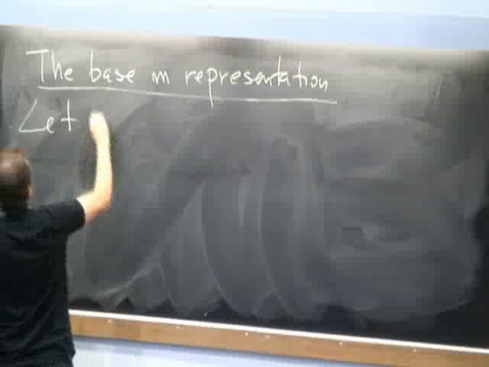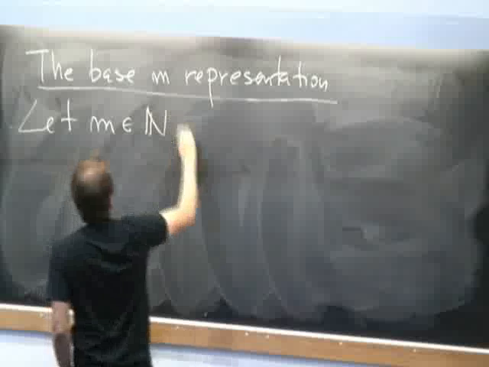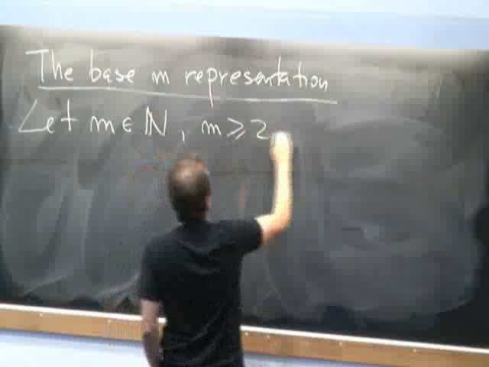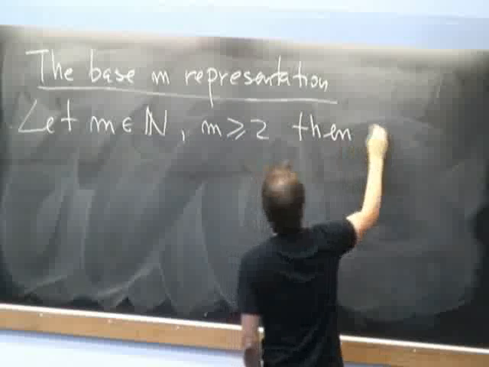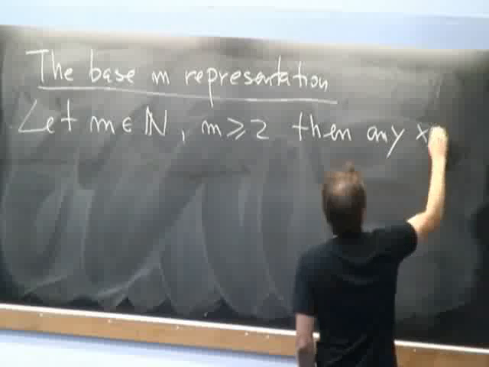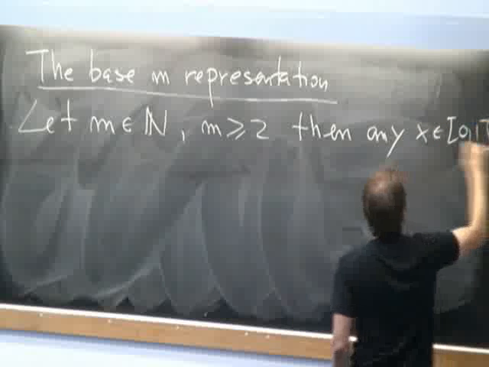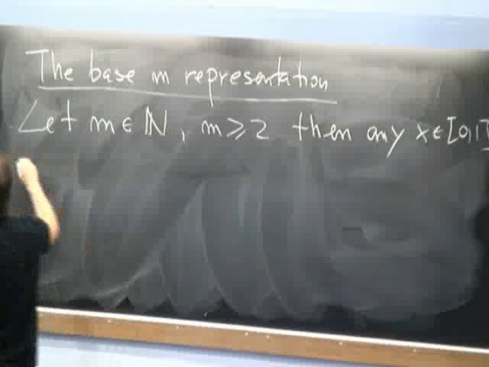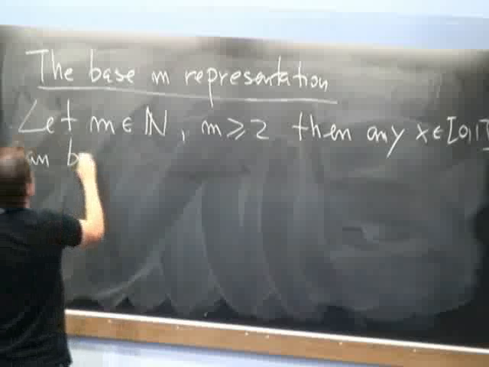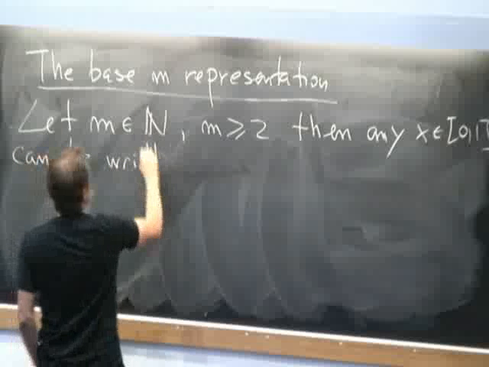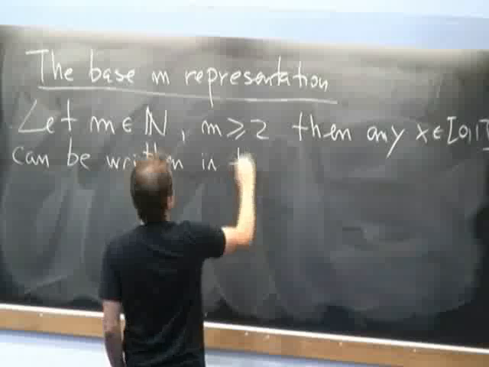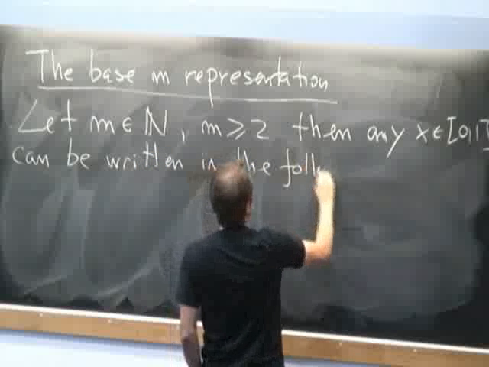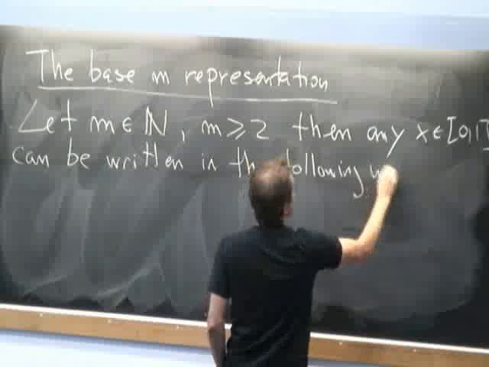So if you pick M, a natural number larger than 2, then any x in between 0 and 1 can be written in the following way, which is the base M expansion.